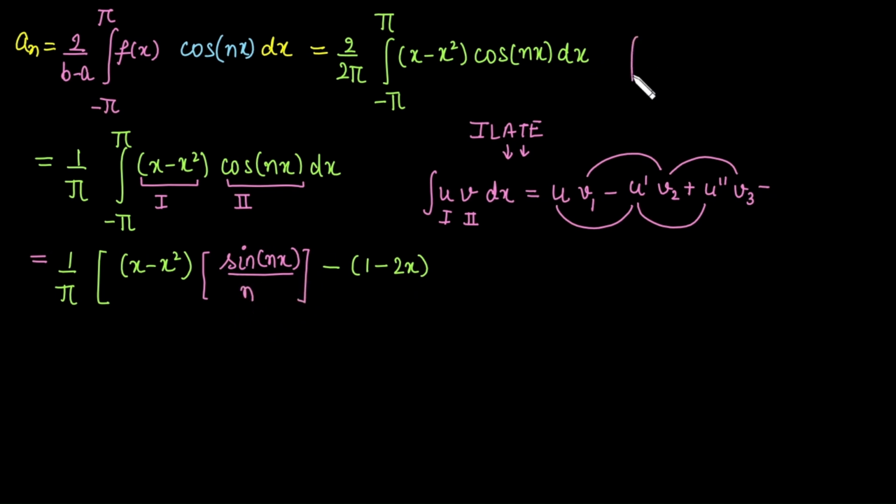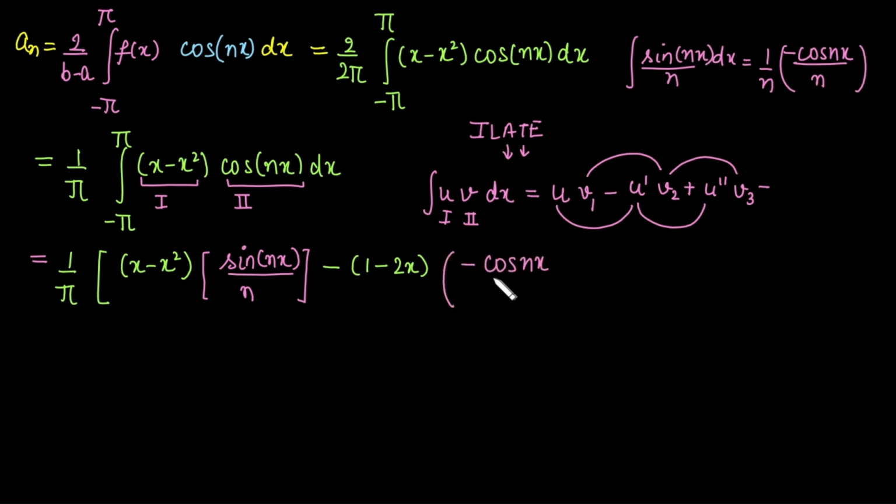So what is the integration of sin n into x divided by n? n is not depending upon x, so we can keep it as it is. Integration of sin is minus cos nx divided by n. So in this case we have minus cos of nx divided by n into n, that is n square.